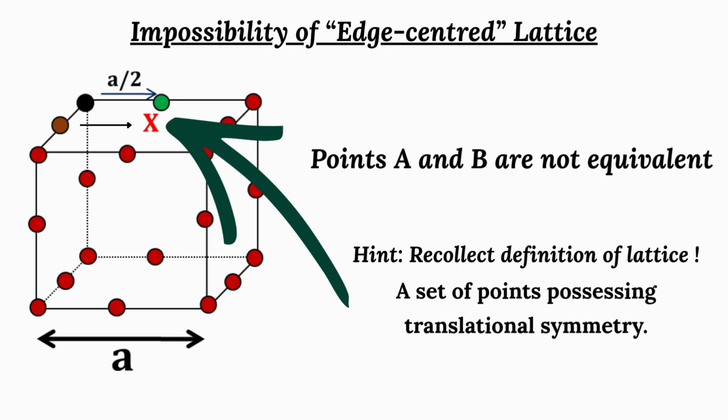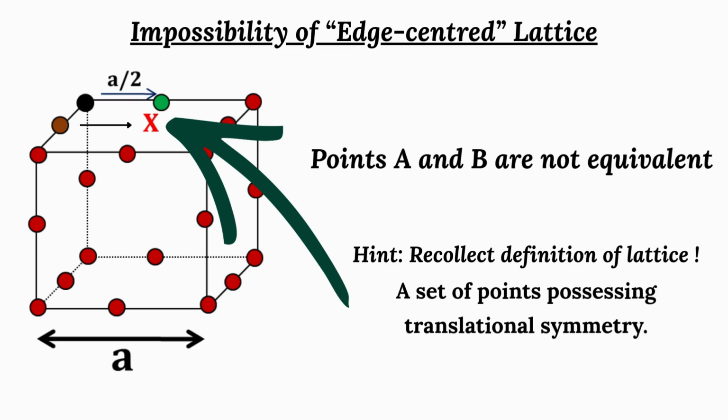If I shift, there is a lacking of a particular point in the unit cell. That means the identical point is missing, or we can say it is not equivalent to the earlier existing setup of that edge center. That's why this does not qualify to be a lattice. That's why the edge-centered lattice is impossible to include in the crystal system.